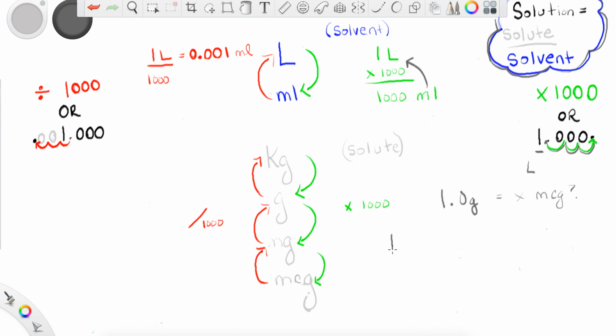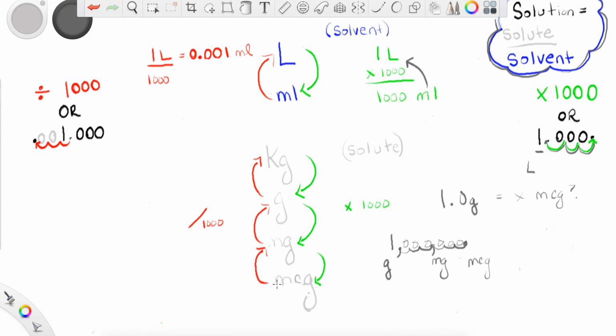Well, we're going to take our 1 gram, and to convert it to milligrams, we go 1, 2, 3 places, and another 1, 2, 3 places for micrograms. We simply put in all the zeros in our little humps, and we know that 1 million micrograms is equal to 1 gram.